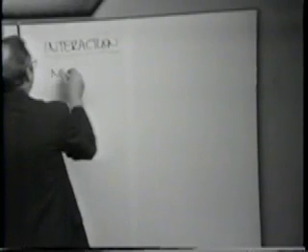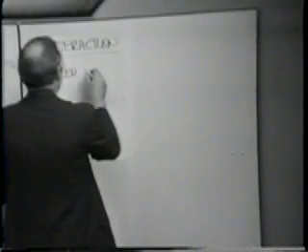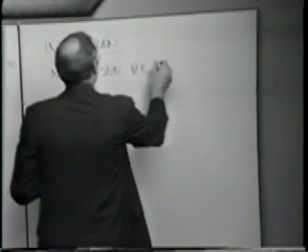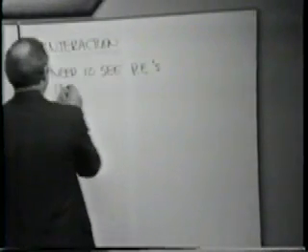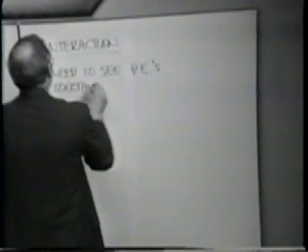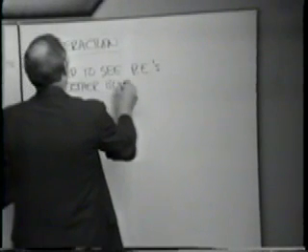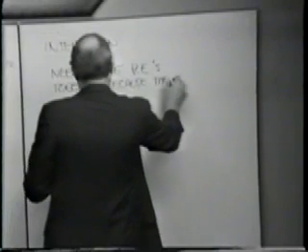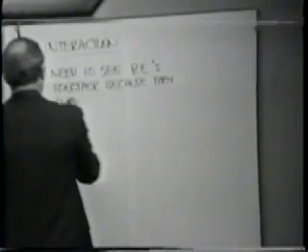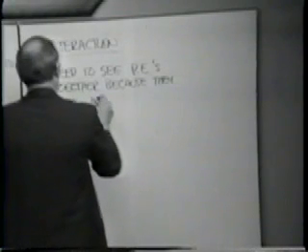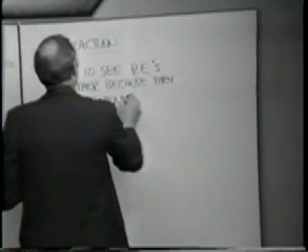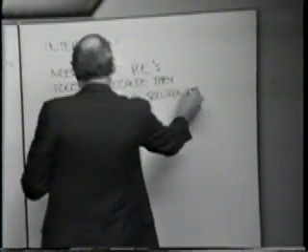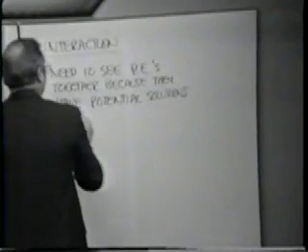And the answer is that we need to see problem elements together because they have potential solutions which affect each other.